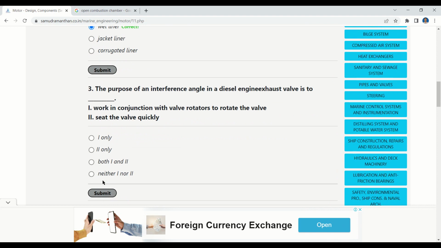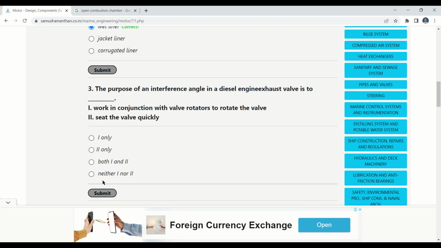Our next question is, the purpose of an interference angle in a diesel engine exhaust valve is to, and the two options given are: work in conjunction with the valve rotators to rotate the valve, or seat the valve quickly.